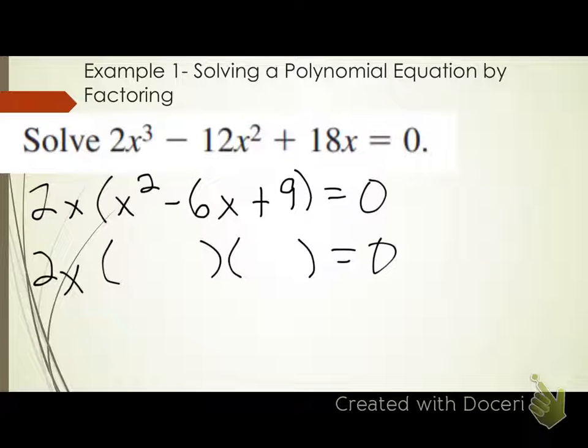What goes in the first spot of my parentheses? X and x. X minus 3. Almost there. Don't jump too far ahead of me real quick. Okay, let's go slow through this. What are my two signs in this case? Negative 6 and 9. Is it 9 and negative 6?